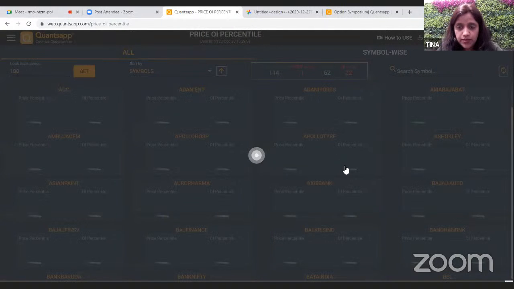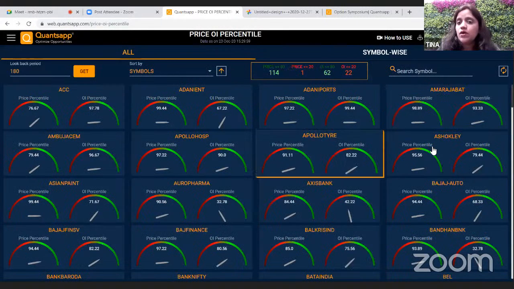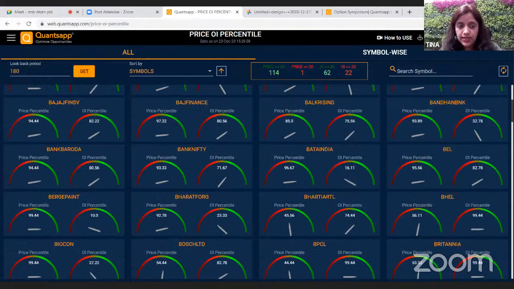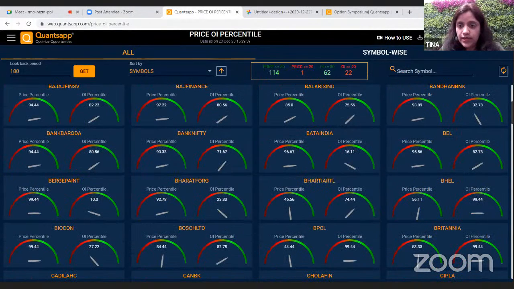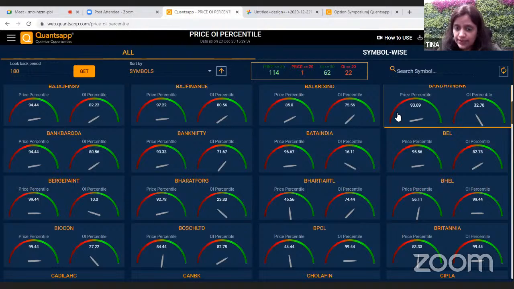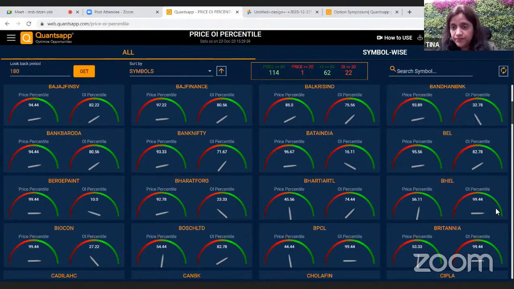So you have Apollo Tyre. You can filter out the stocks which are having a good OI along with the price moves, and you can look at the data where the OI is not there. So price at the upper point and OI at the upper point is basically a good, strong long candidate.